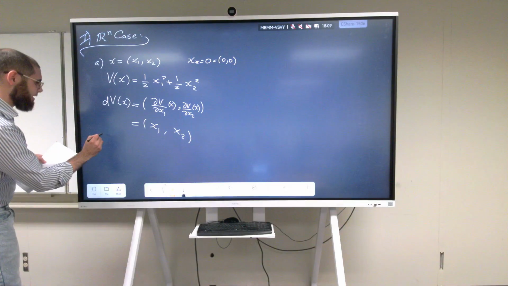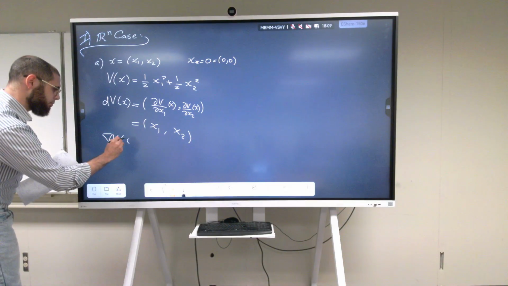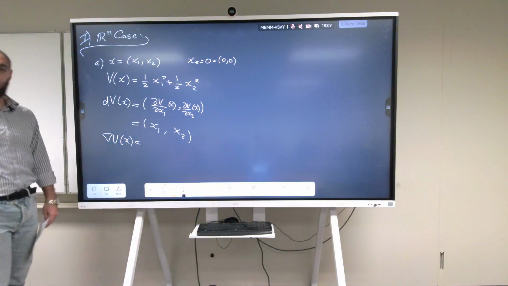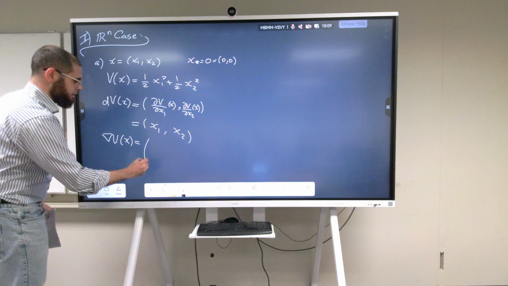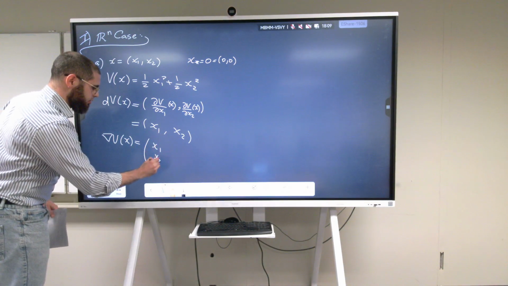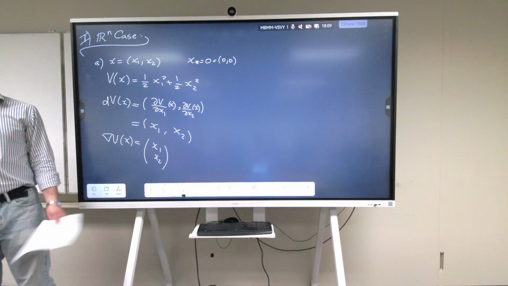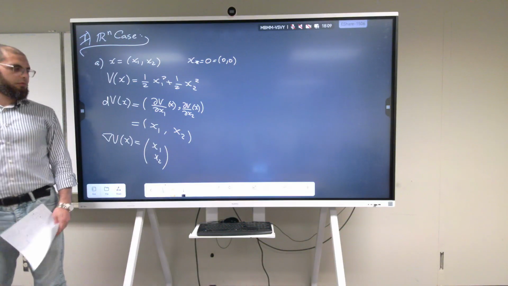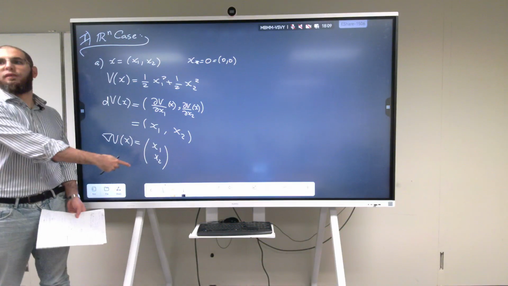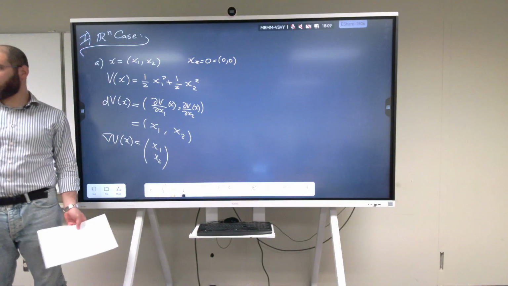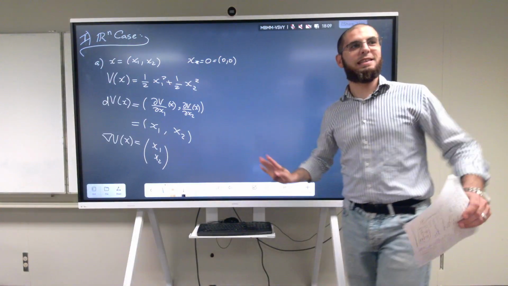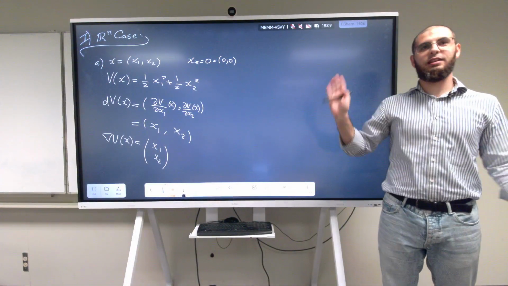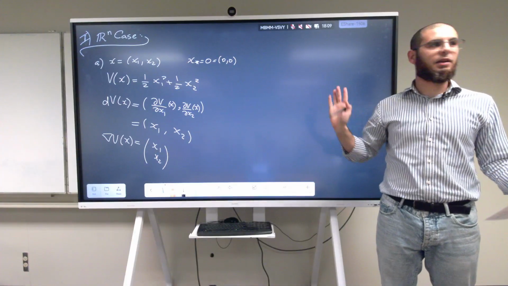And what about this one? Your favorite gradient, how do you write it? You just say, okay, it's x1 and x2. Does it really matter? No. Does this make it into a vector? No. So now you're insensitive to this. Writing it like this doesn't matter. The nature of it is something completely different.